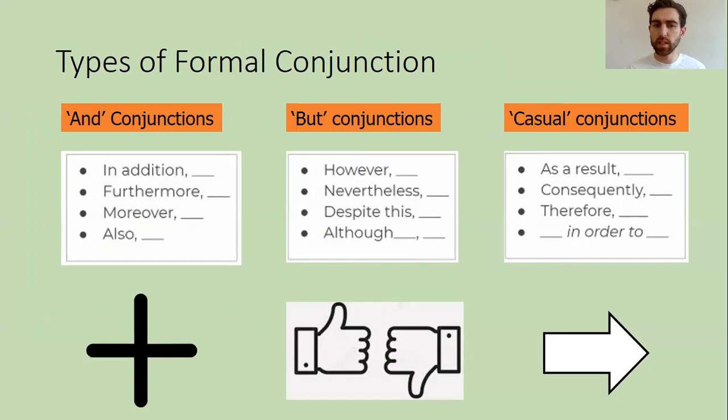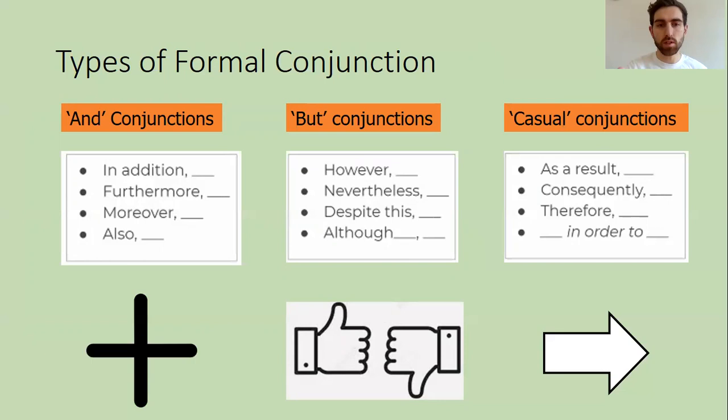Okay, so that one is a little bit different because we need something before and after it. Now, can you pause the recording and write down any examples you can think of that would come under those 3 different types of conjunctions? Have a go. Well, hopefully you were able to name a few others. Well done for doing that.